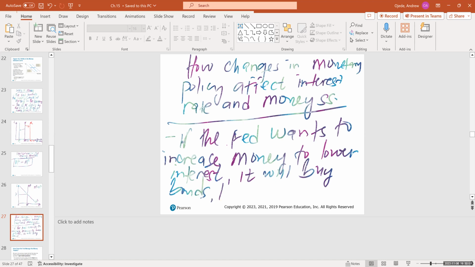It could lower the discount rate, which is the interest rate. It could also lower the required reserve ratio, which we call RR in chapter 14. Okay, for example, let's just pick one.